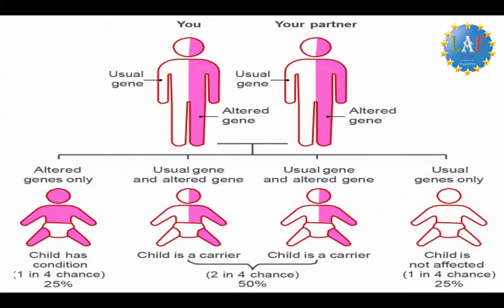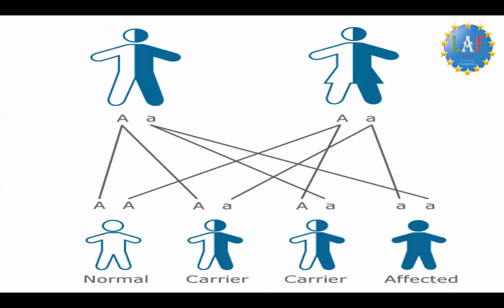And 25% the child is not affected, so 1 in 4 chance that it has only usual genes. So we can say 25% is safe. So there will be 1 normal, 2 carriers, and 1 affected.